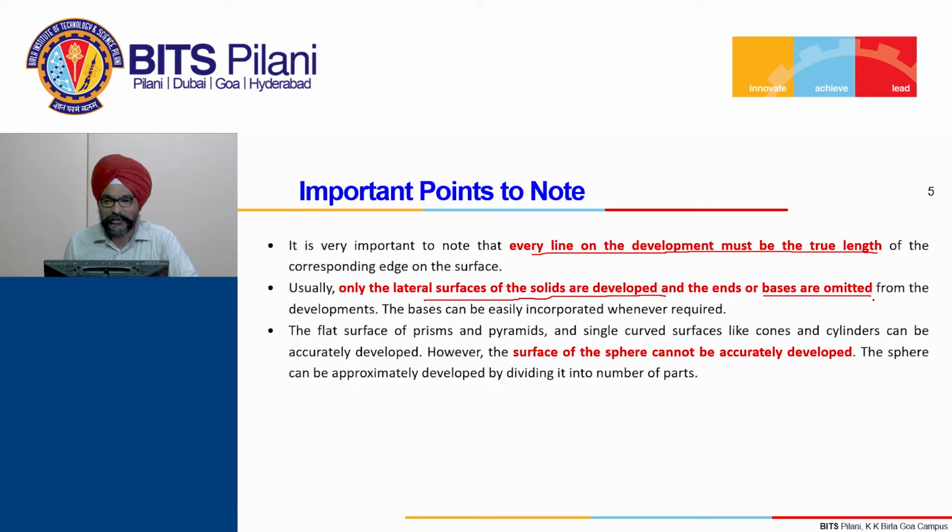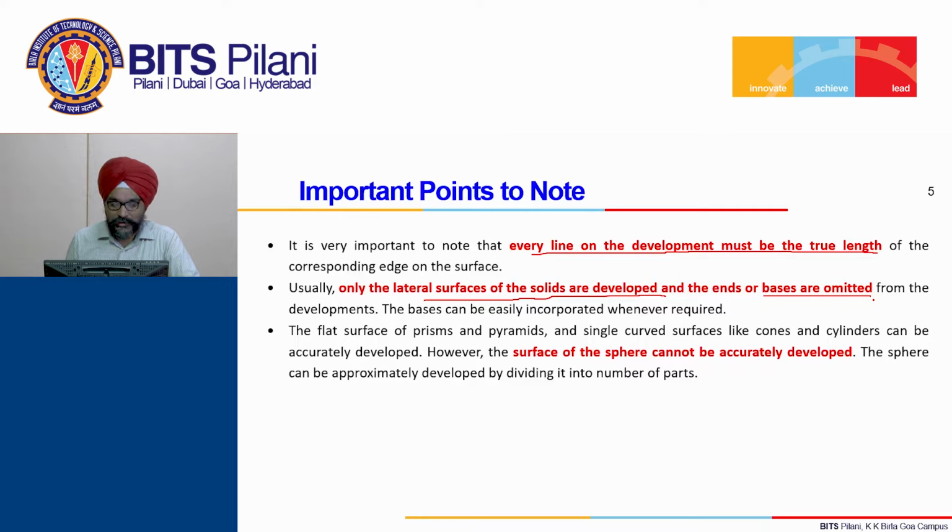That is why the common practice is that only the lateral surfaces are focused on for development and the bases are separately taken care of. They are not developed because their true shapes are mostly already known, and they can be separately welded on the lateral surfaces after giving the shape.